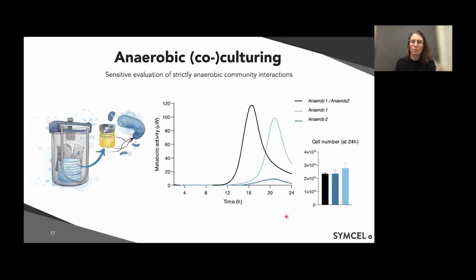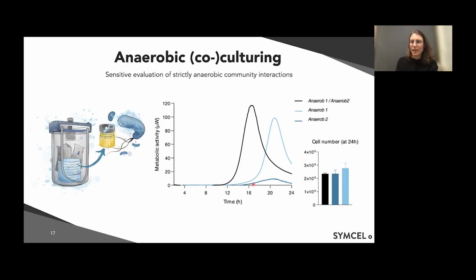When grown in monoculture, you can see here the thermograms of one and the other species in blue. But when they were combined, the time to detection shifted to a much earlier point, and also the metabolic activity increased.